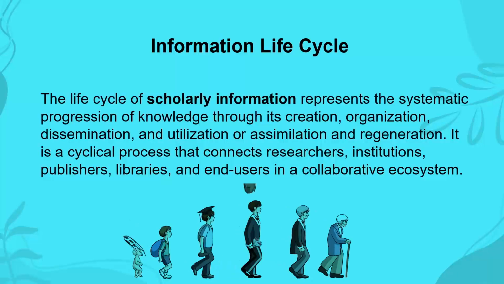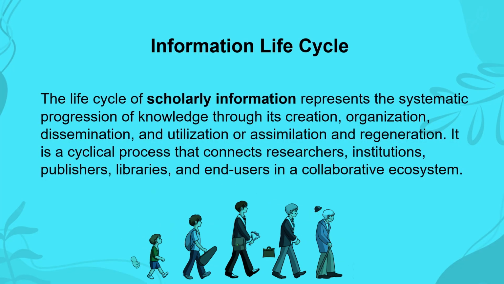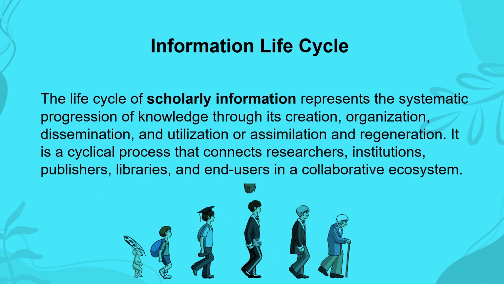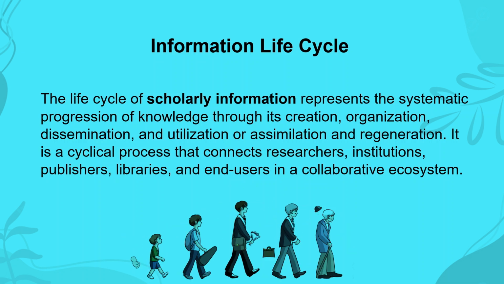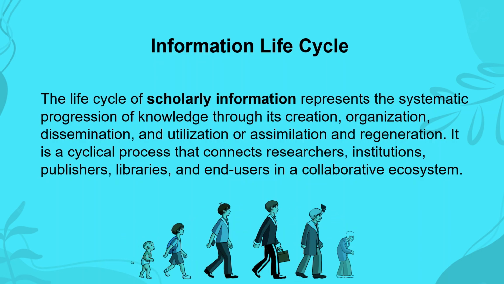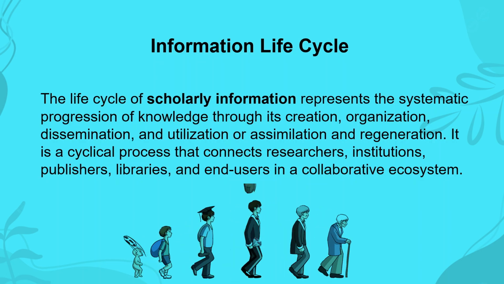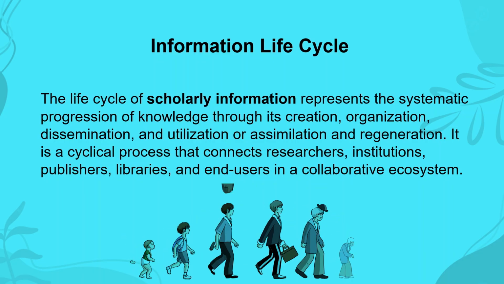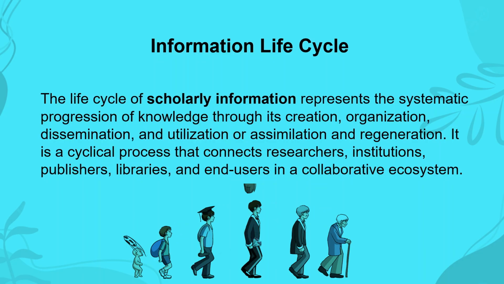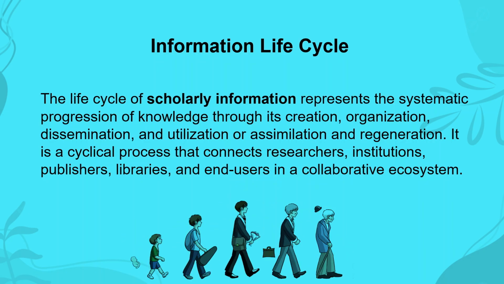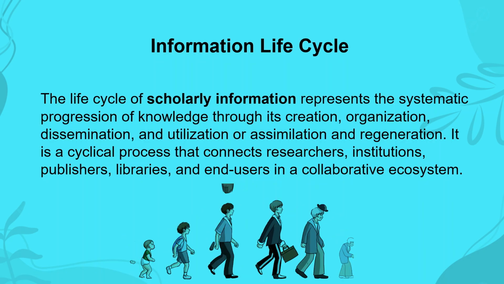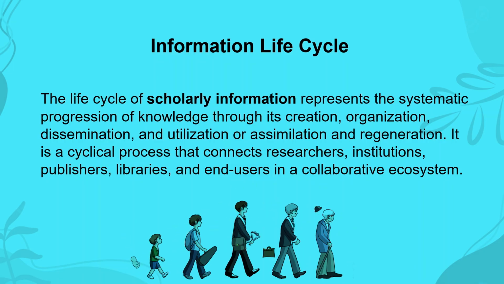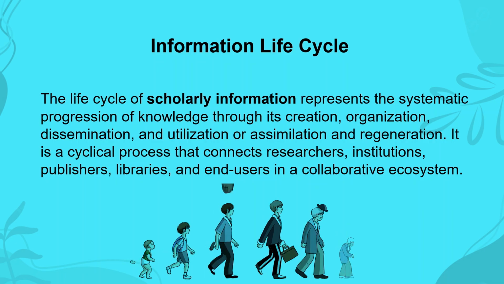The life cycle of scholarly information represents the systematic progression of knowledge through its creation or generation, organization, dissemination and utilization or assimilation and finally regeneration. It is a cyclical process that connects researchers, institutions, publishers, libraries and end users in a collaborative ecosystem.